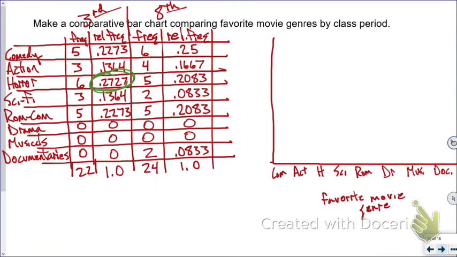Let's get rid of that. And we need a number up to at least 27. We decided in class to number up to 30. So we're going to go by 5s up to 30. And this is relative frequency.